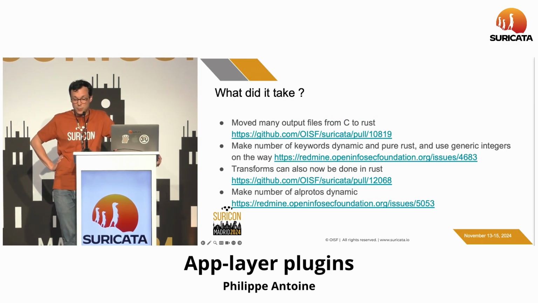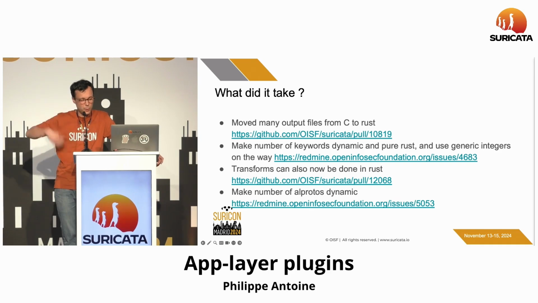And so I moved the many output files from C to pure Rust, because I wanted to be able to do that as the plugin. So let's do that for the Suricata protocols that are there already. That raises the percentage of Rust code as well. I also made the number of keywords dynamic, because it was first fixed in a static array at compilation.